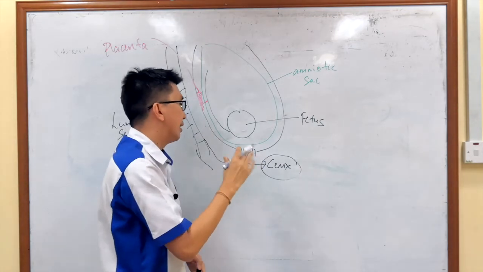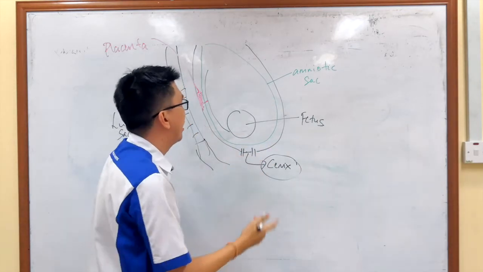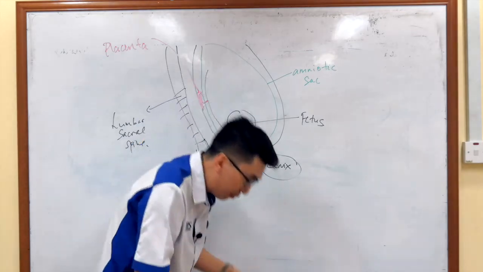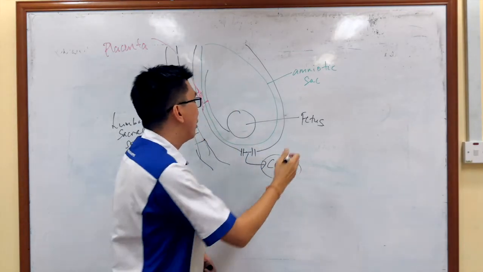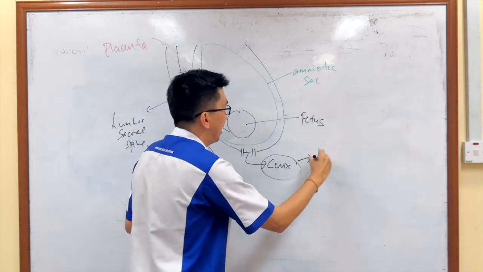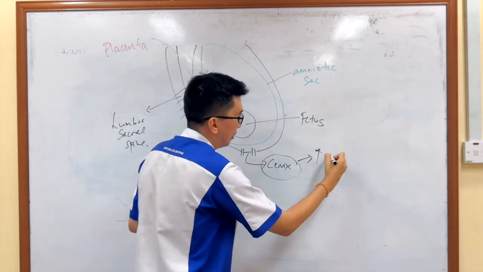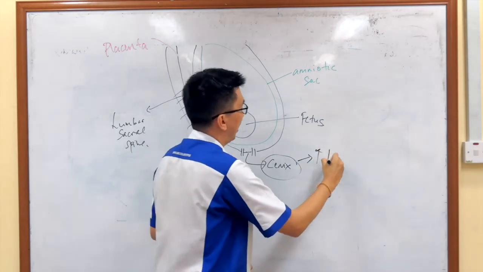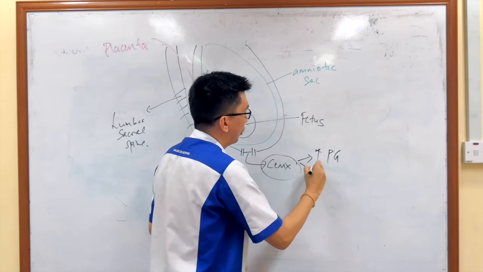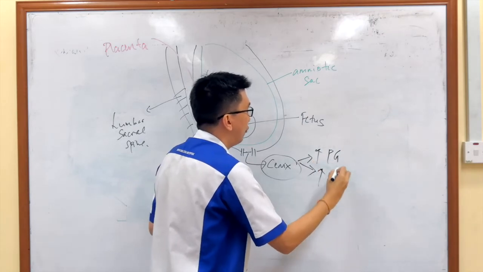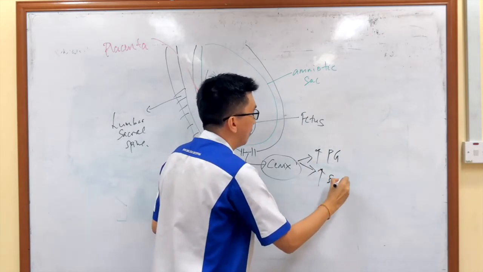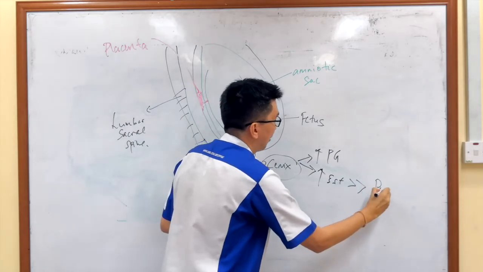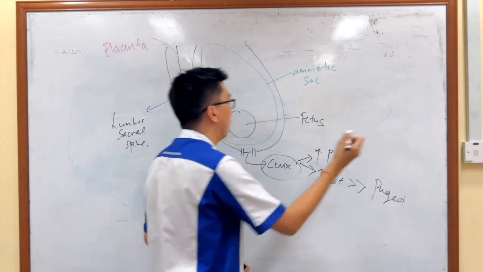Once the cervix and the uterus have been stimulated because the baby keeps on pushing, this will keep increasing the secretion of prostaglandin and also the release of estrogen more than progesterone.